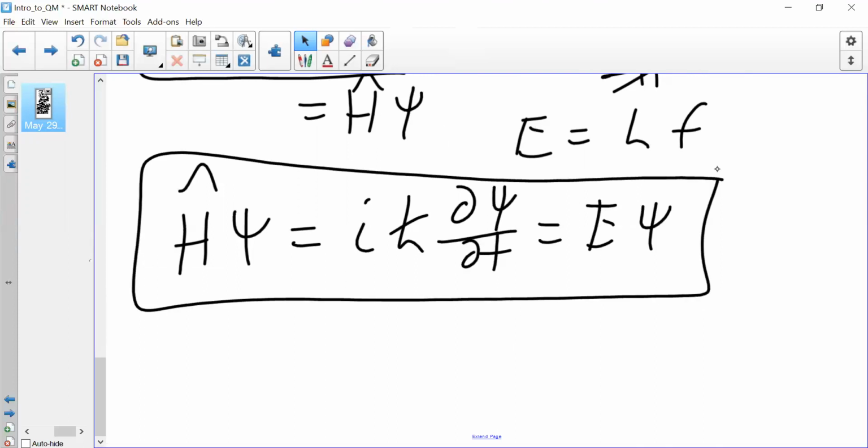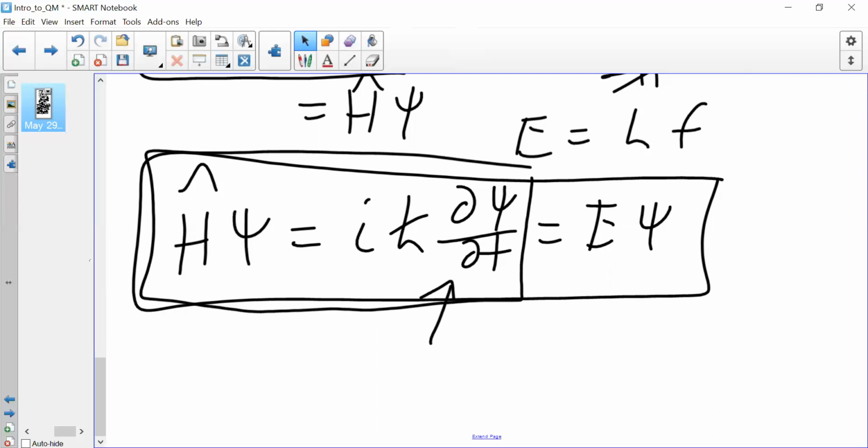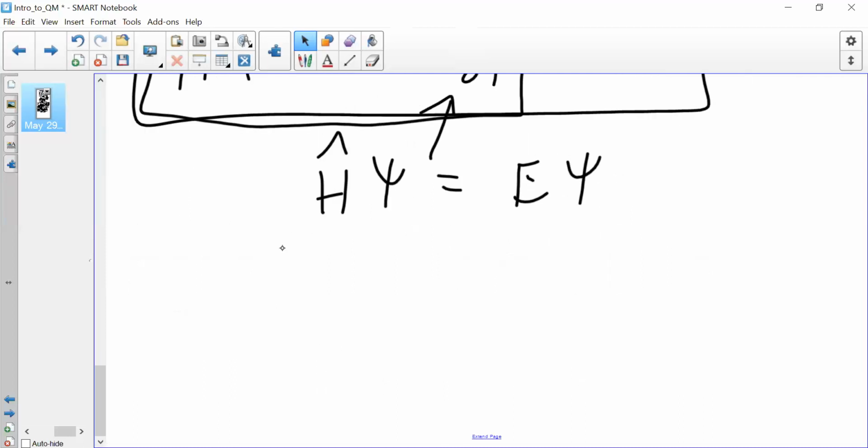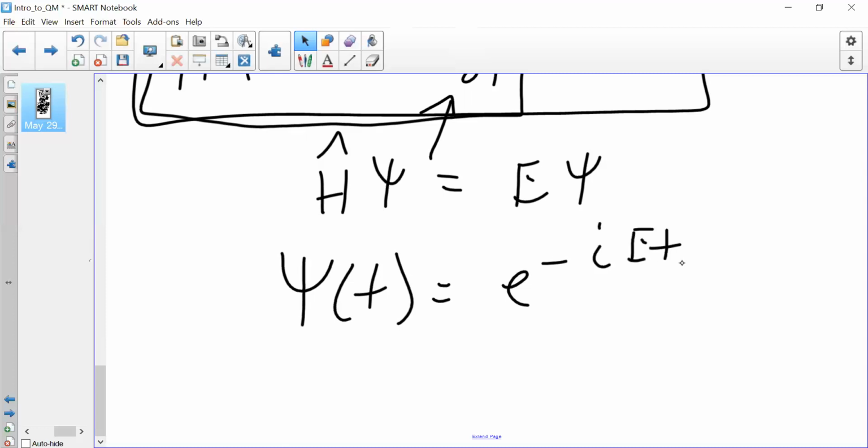These are all energies, time dependent Schrodinger equation right here, and also time dependent Schrodinger equation right there. But it all equals energy. Energy as a result of the superposition of these wave functions. So in this case, the wave function is going to be psi of t equals e to the iEt over ħ.